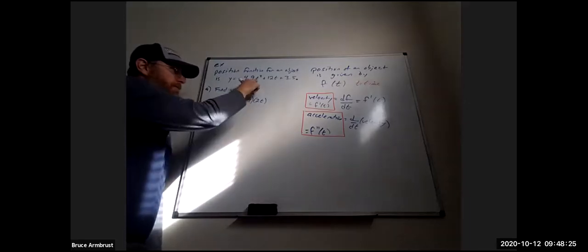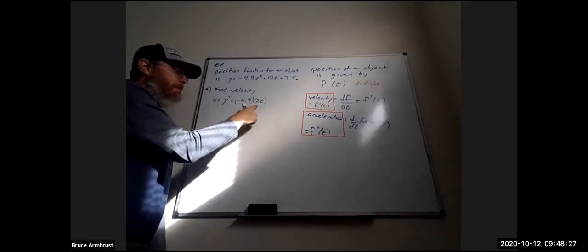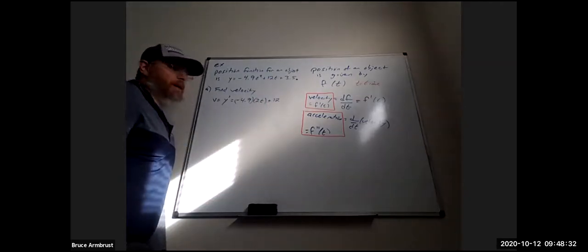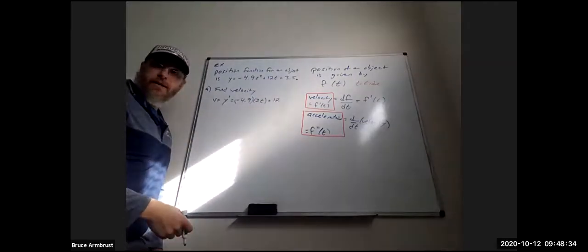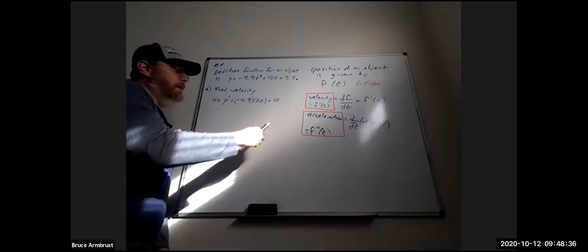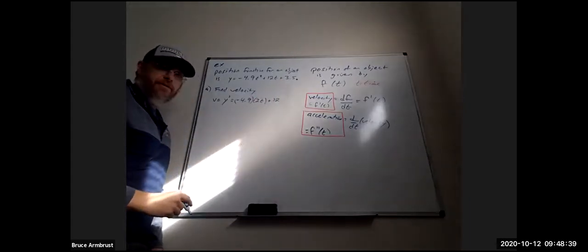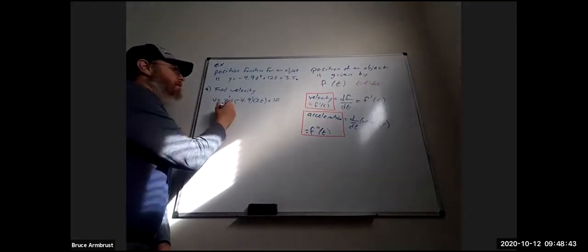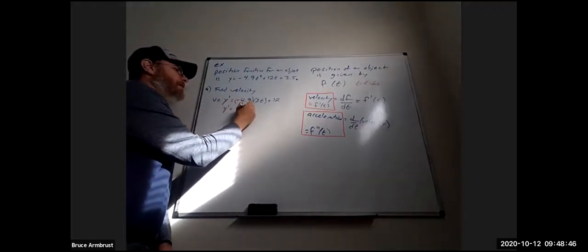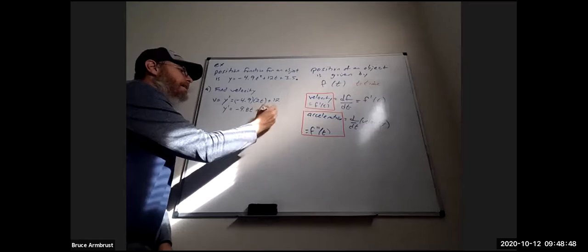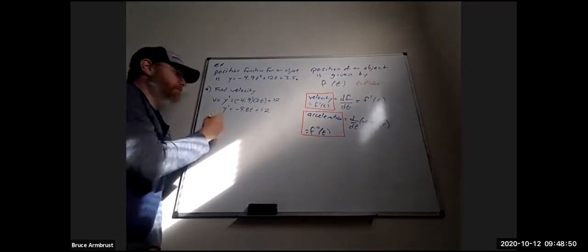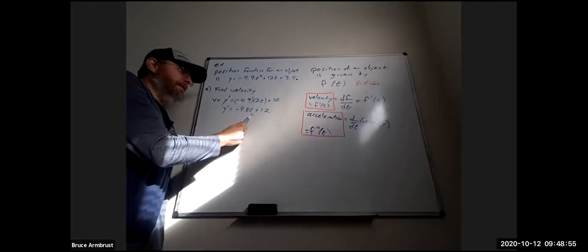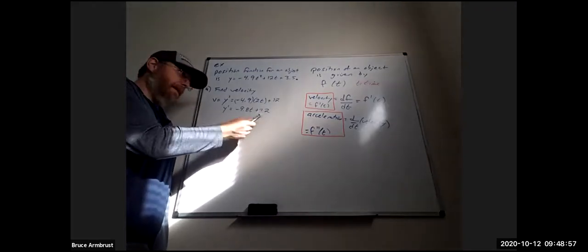Minus 4.9 is a constant multiple, t squared gives us a 2t. 12t, its derivative is 12. 12 goes along, derivative of t is 1. And then the 3.5, well, it goes away, it goes to 0. So we get y prime is equal to negative 9.8t plus 12. All right, so this is the velocity of the object at any given time.